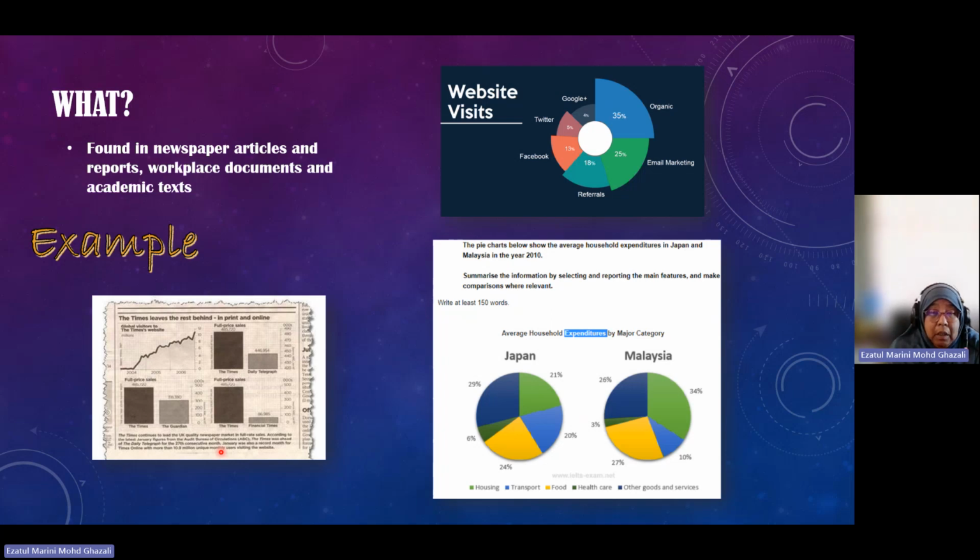Imagine if the page is full of only text, you might not be able to digest what is being discussed. Right, next.